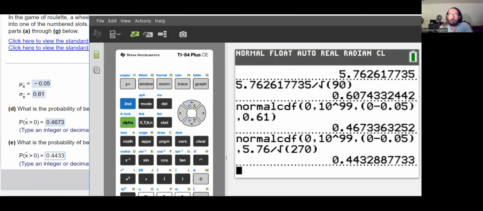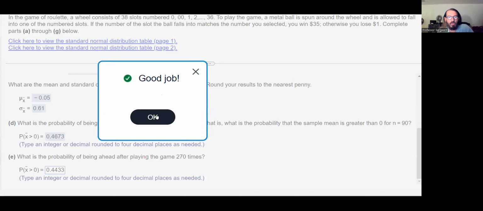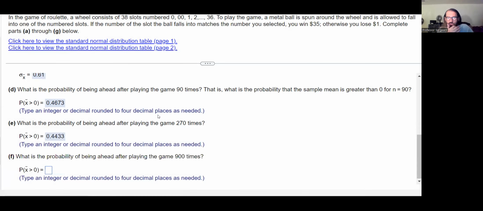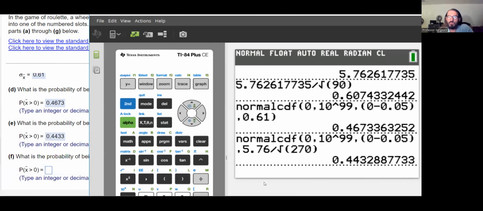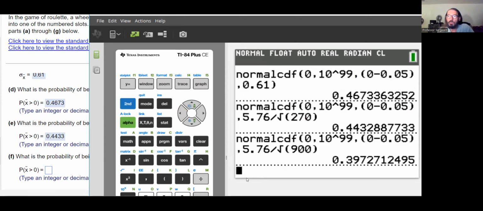Yep. So the more you play, the more likely you are to, on average, be losing. I think we'll see that showing up even more when we replace the 270 with the 900 in this part.